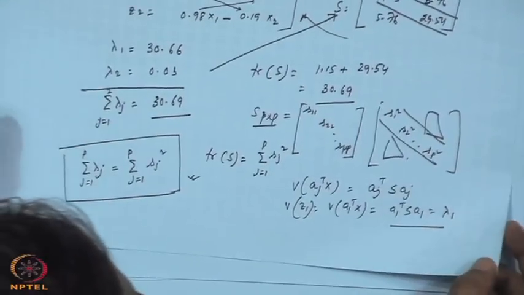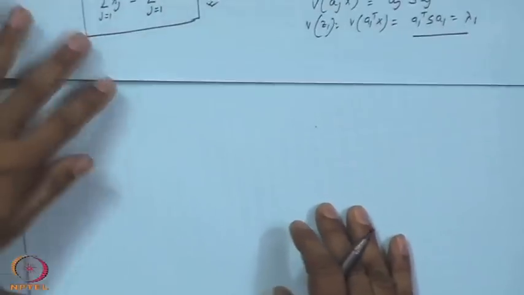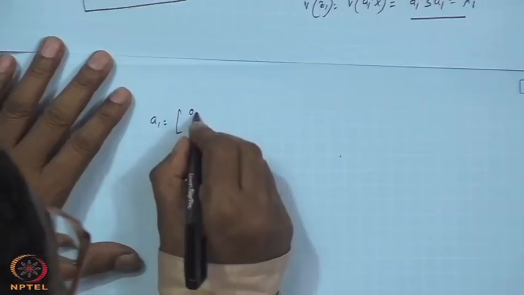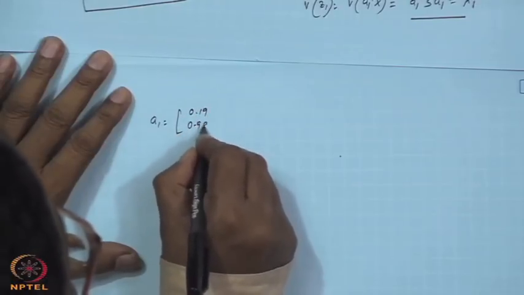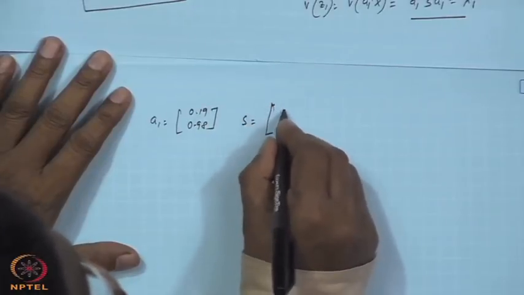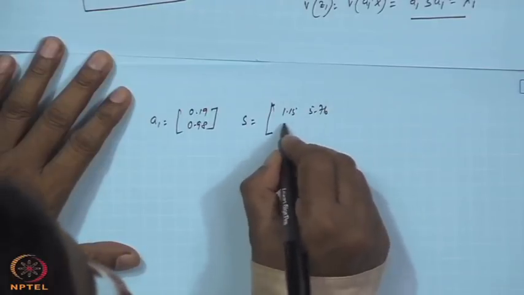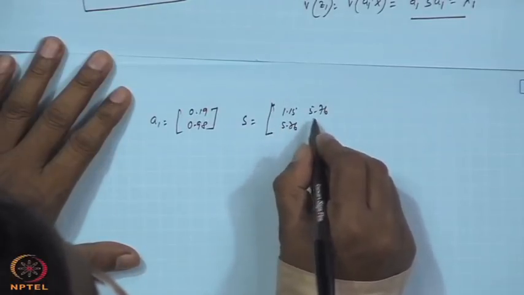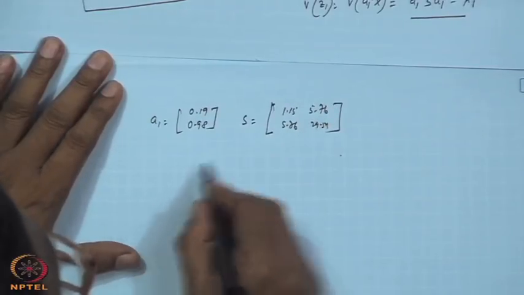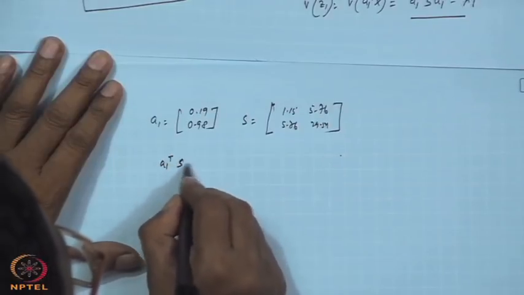How? What is your A1? In this case, A1 is 0.19, 0.98, S is 1.15, 5.76, then 5.76 and your 29.54. So, just you do this multiplication and find out, that is A1 transpose S A1.